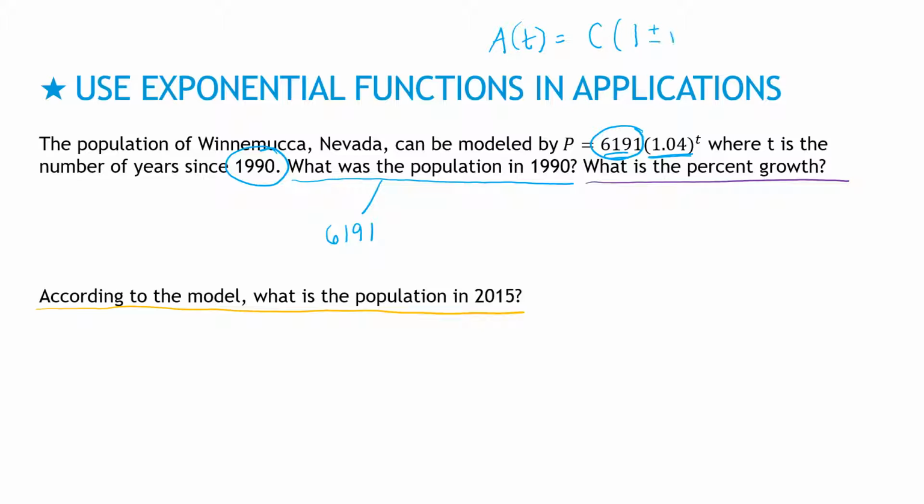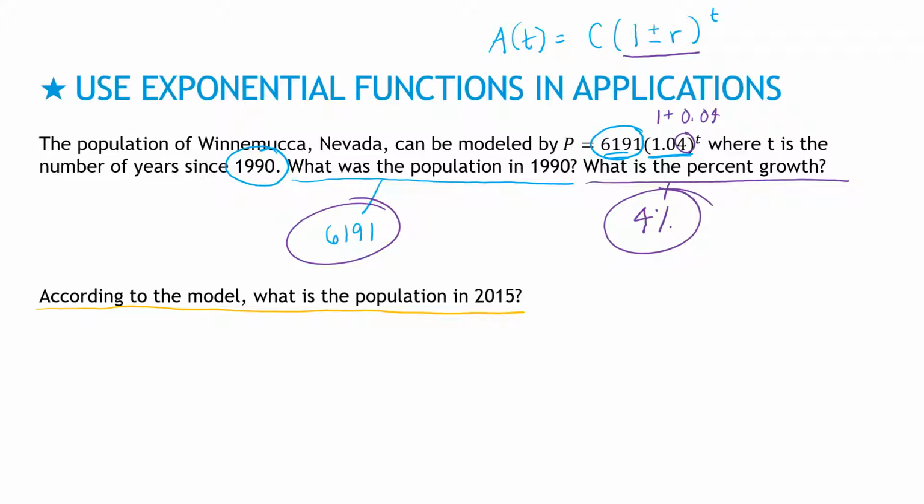C times 1 plus or minus r to the t. And so in this case, C is 6191 when C is the initial amount. This should also help us answer what is the percent growth, because if I'm taking 1 plus or minus r, obviously I must have taken 1 plus 0.04, which means my percent growth was 4%. So those two questions are answered.